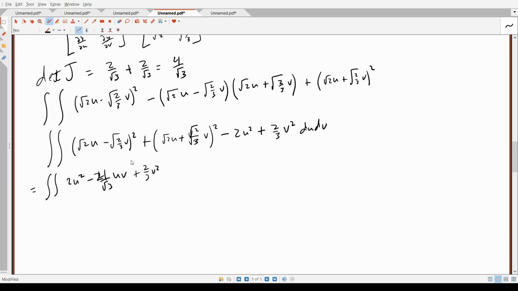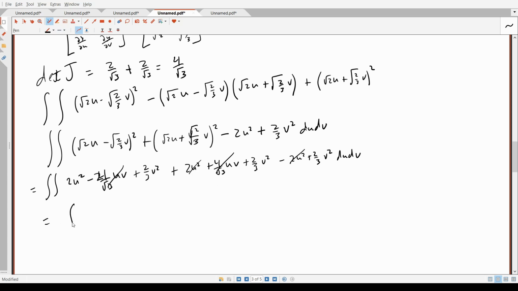So that's this term. Plus, now I'm going to have the same thing except with all positives. So I have 2u squared plus 4 over root 3 uv plus 2 over 3 v squared, minus 2u squared plus 2 thirds v squared. Okay, so the whole point of this is we have a lot of stuff cancel out. This cancels out with this, and this cancels out with this.